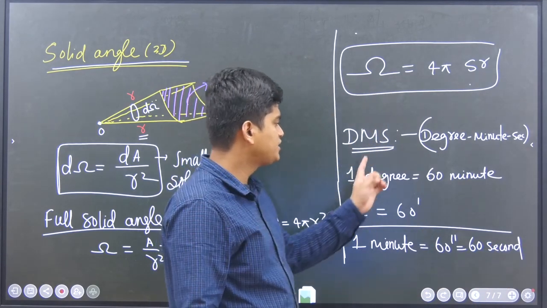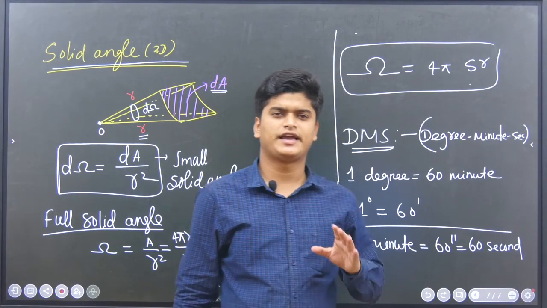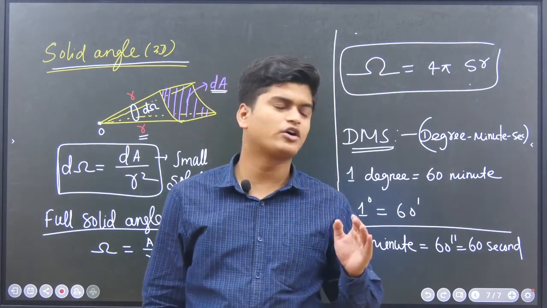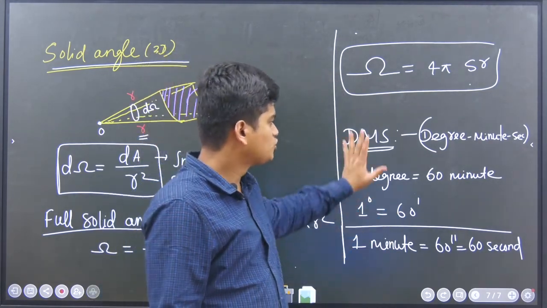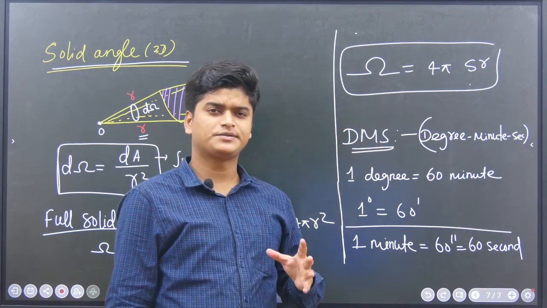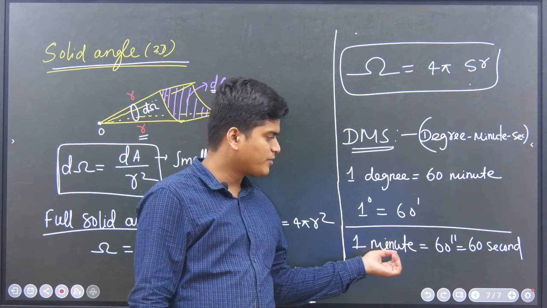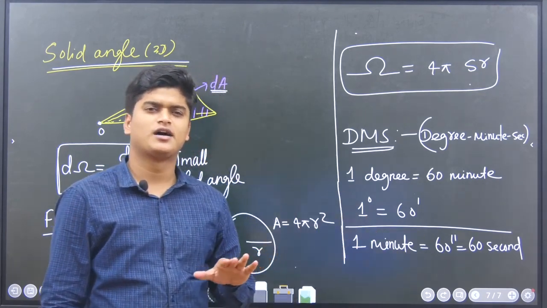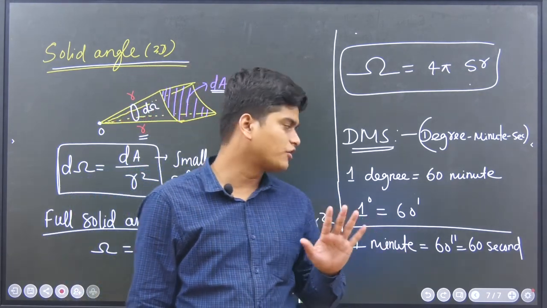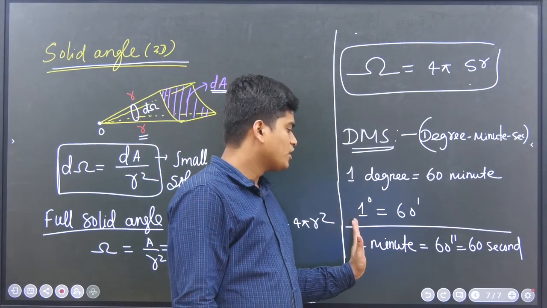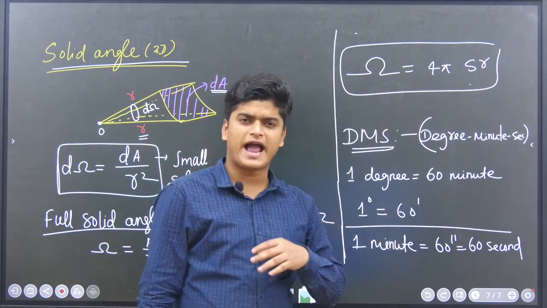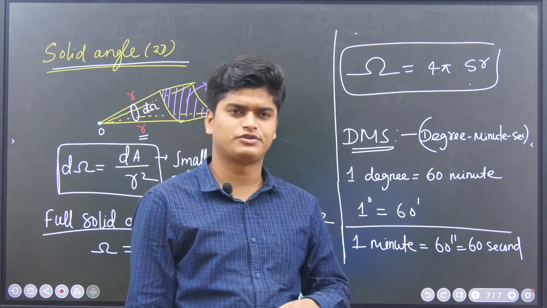Remember here in degree, minute, second, it is basically angle units we take, so don't be confused with time. This is particularly defined for angle units. So 1 degree is 60 minutes and 1 minute is 60 seconds. It is the same case as in time, no need to get confused, but remember this is about angle. So to define angle, DMS units are considered.